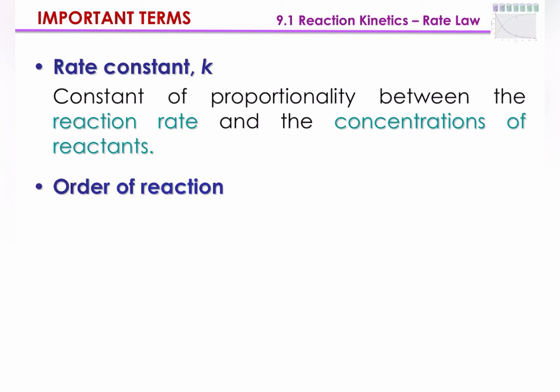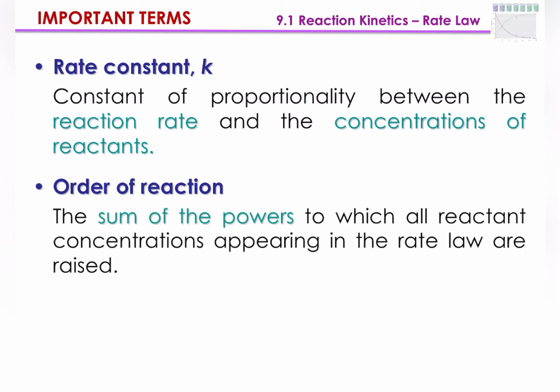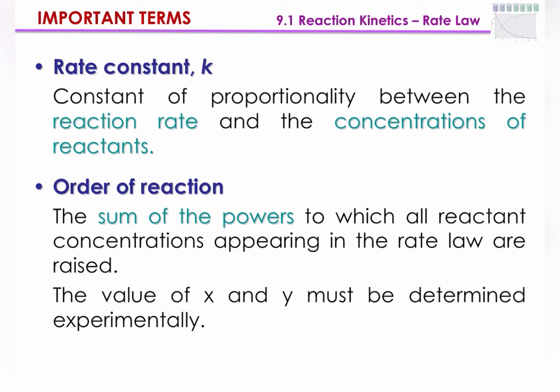So order of reaction is the sum of the powers to which all reactant concentrations appearing in the rate law are raised. So it means that the value of X and Y must be determined experimentally. So what does it mean by unknown X and Y? Itu yang kita akan faham dalam bahagian rate law.